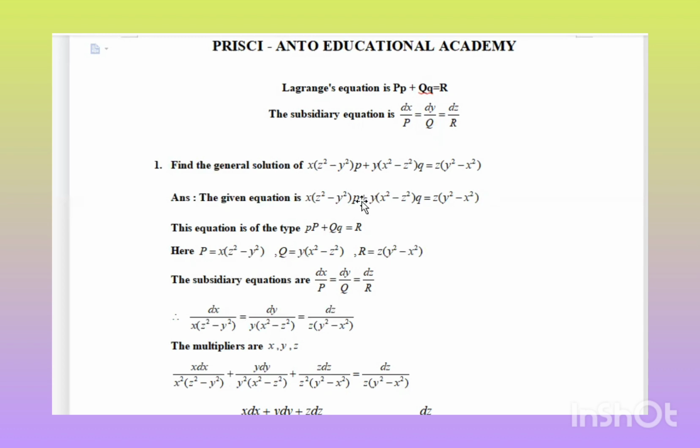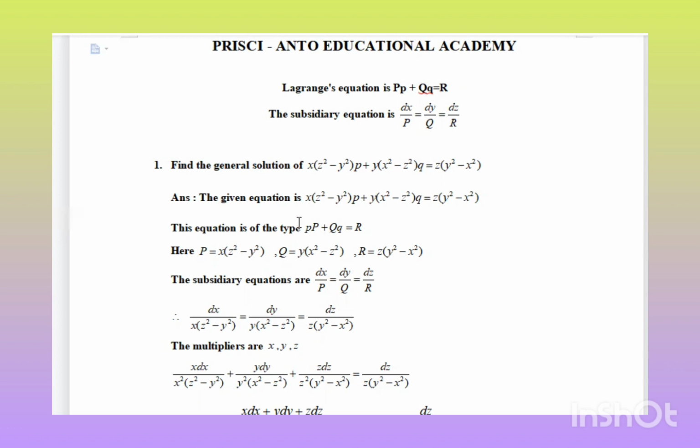Capital P is x into (z square minus y square). Capital Q is y into (x square minus z square). Capital R is z into (y square minus x square). So you have to compare with the Lagrange's equation type. Okay, so the given problem we can solve using the Lagrange's equation.